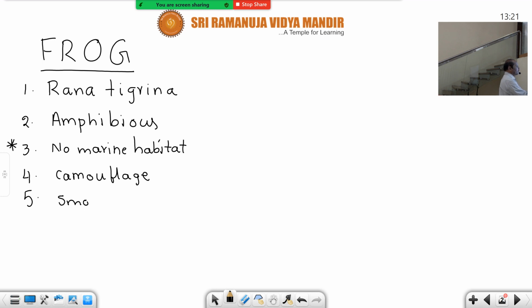Skin smooth, scaleless, moist skin, slippery or slimy skin. Always kept moist because of slime glands present in the skin. Smooth, scaleless and moist skin is a unique feature of all amphibians, not only frogs.